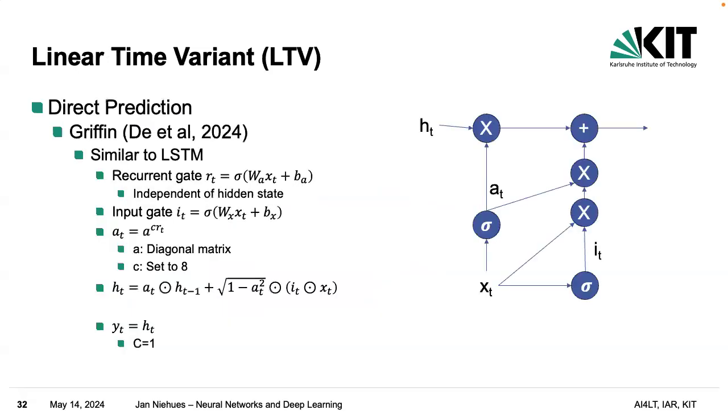So how can you do that? We'll just have a look by example at three different ways how this is possible. One model was proposed this year by Griffin, and it's very similar to how it's done in the LSTM. The main difference is we have again some gates, but the important difference is that these gates only depend on the input, not on the hidden state.